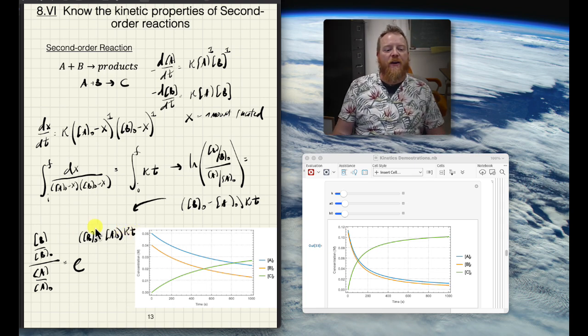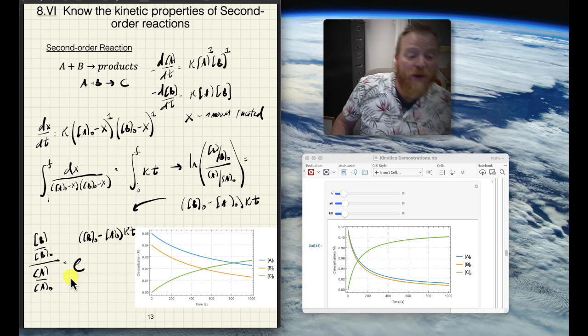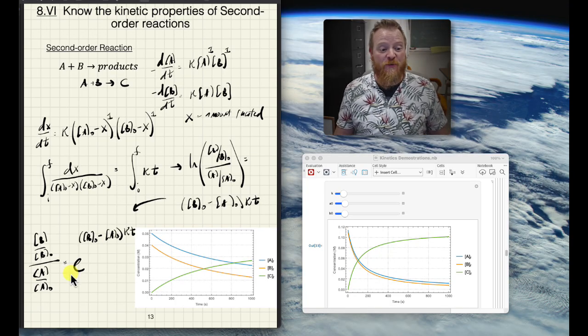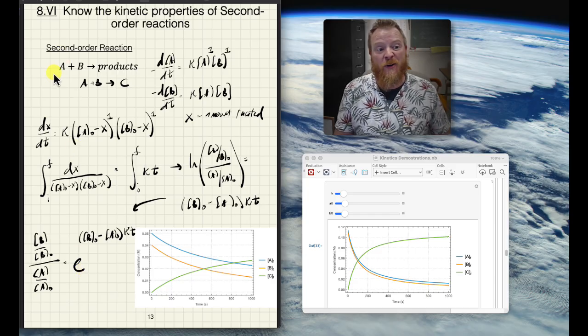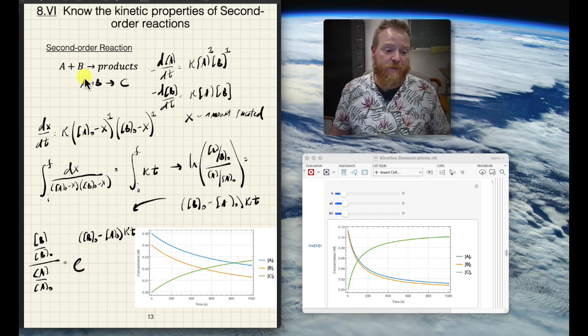And what I want to point out here, this is a second order reaction, but you can see that it does have this exponential dependency, which is kind of cool, right? And that makes good sense because it was first order in A and it was first order in B.